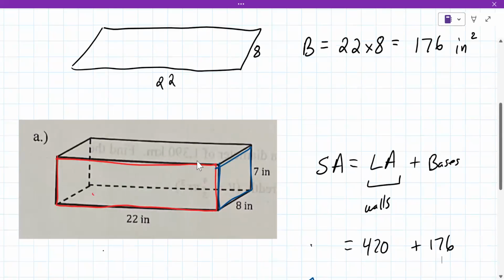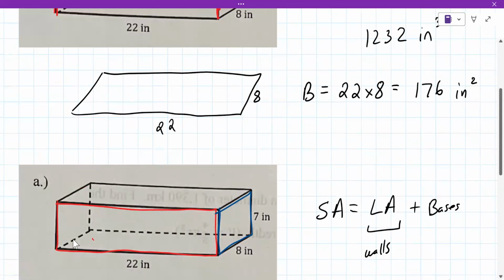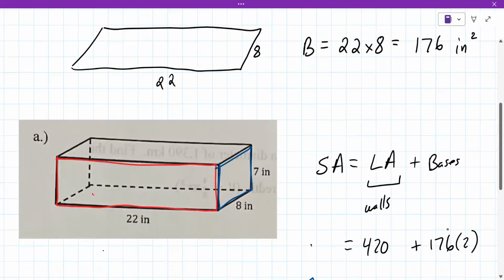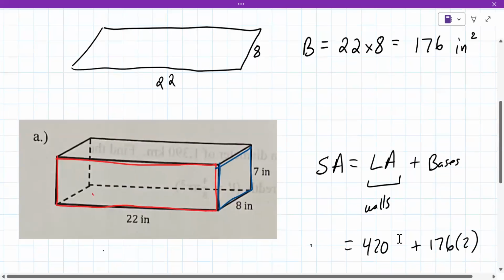Bases are what it sits on. It sits on one side, but then there's one on top as well. So there's two bases. So could you multiply 176 by 2 and then add it to 420?